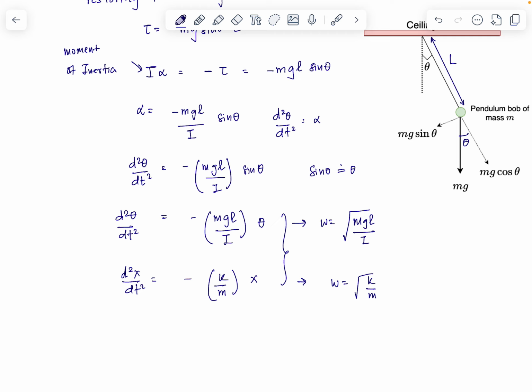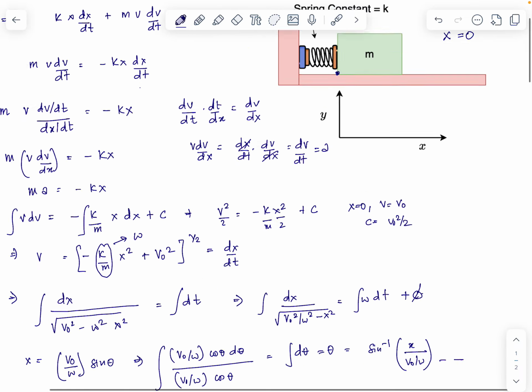They have an identical form. That's how we can find the time period of the pendulum and so forth. But I wanted to show here how to derive these equations of motion, knowing the energy conservation principles.